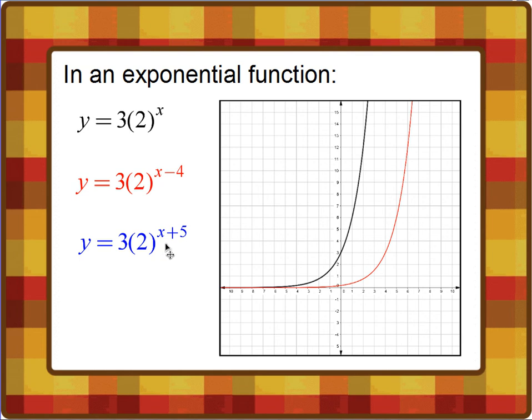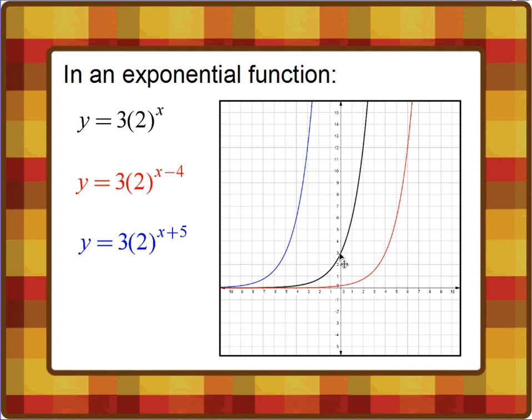If I'm adding 5 inside the function, again, when you add inside the function, you're only adding to x, not to the whole function itself. If I were to plug different values in for x and evaluate my function, I would get the blue graph.